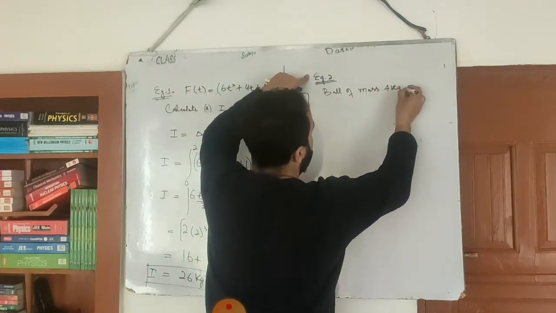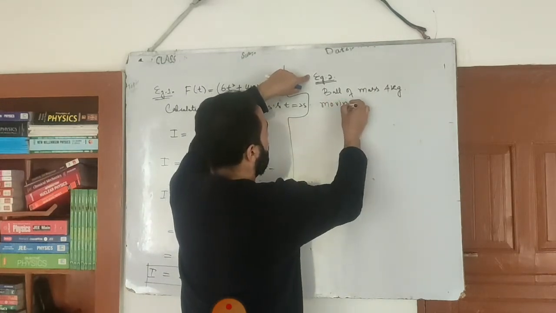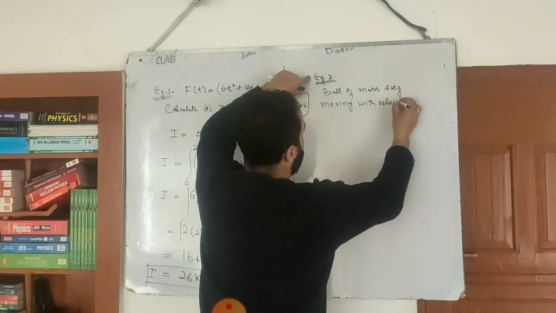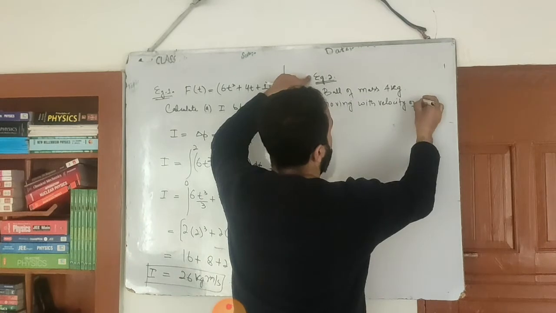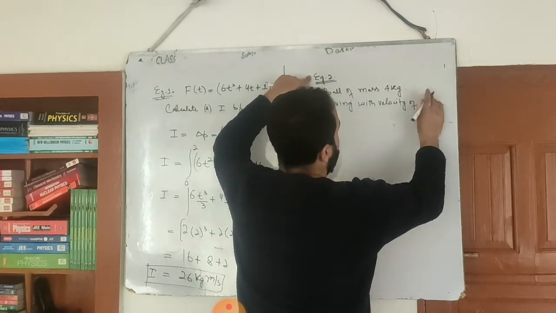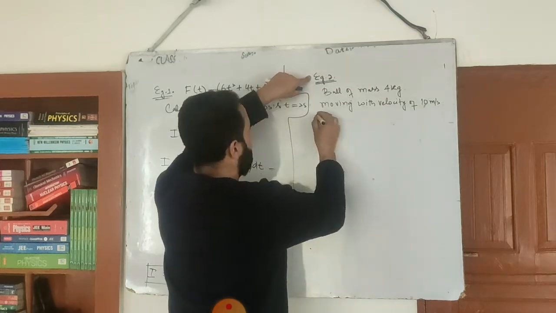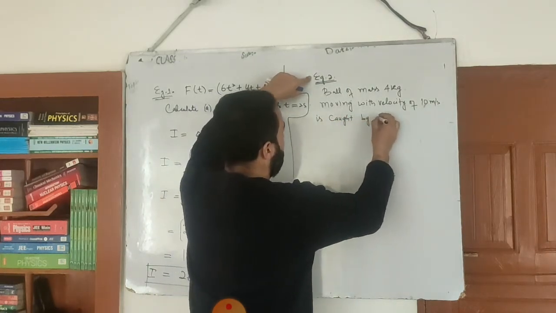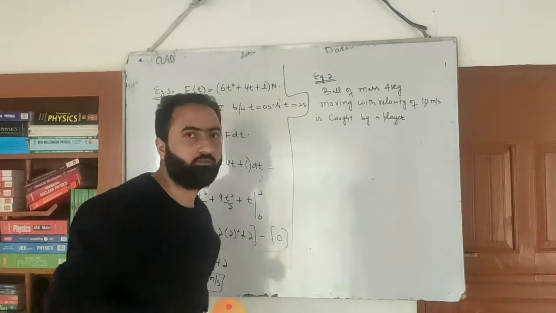Ball of mass 4 kg, moving with velocity of, let us suppose, 10 meter per second, is caught by player.